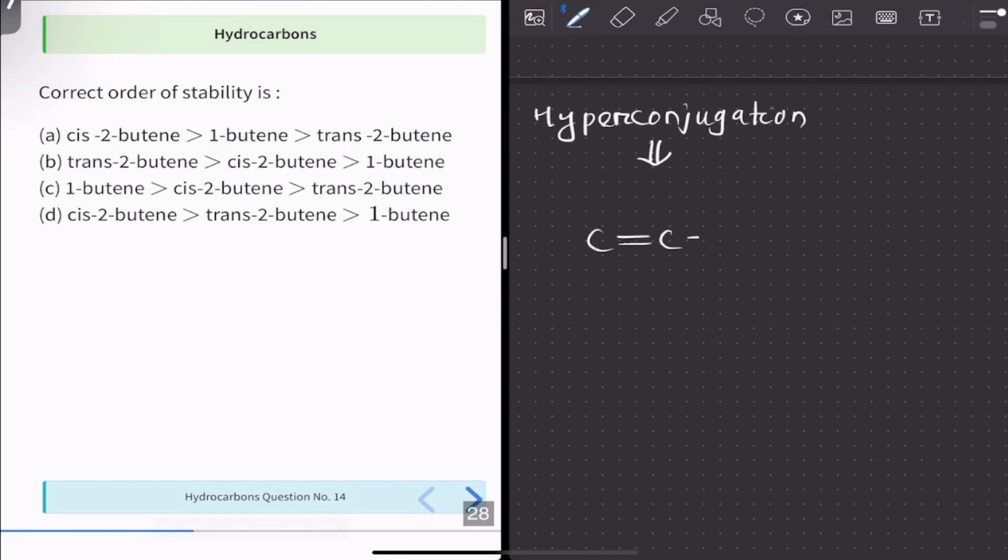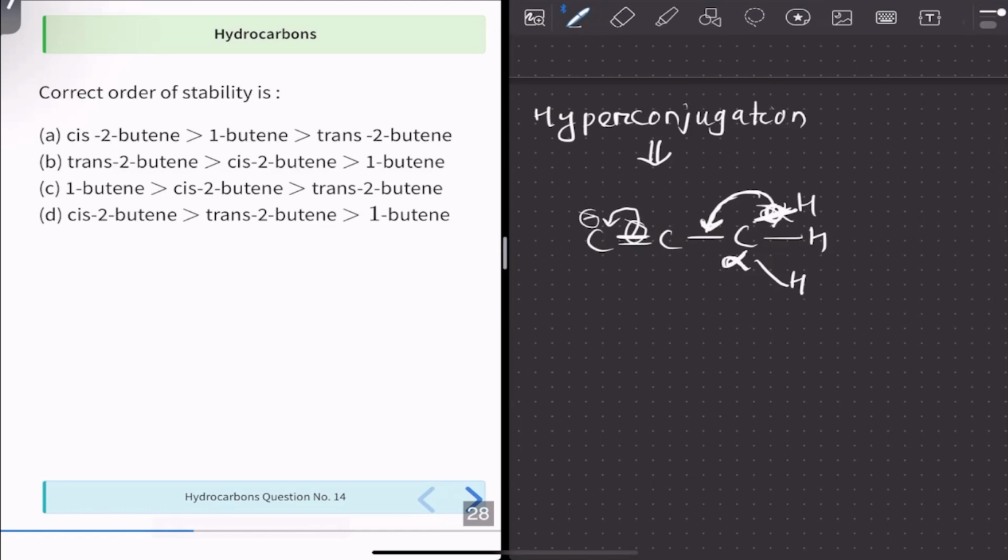There is a double bond, and here a hydrogen atom. These sigma carbon-hydrogen bonds at the alpha carbon atom will be in conjugation with the double bond. This sigma bond will break, the electrons will be transferred here, and the double bond electrons will be transferred to this carbon atom.